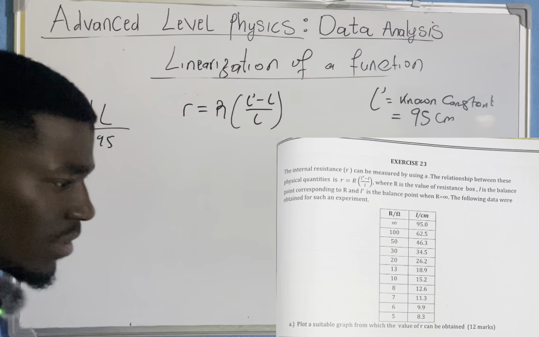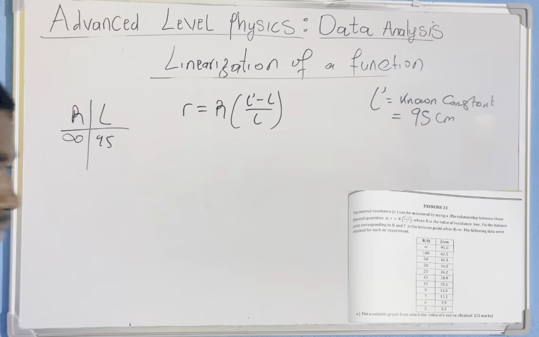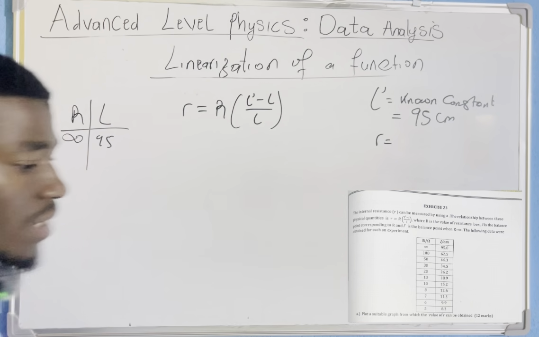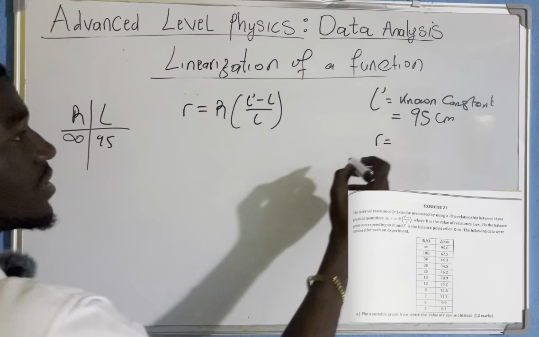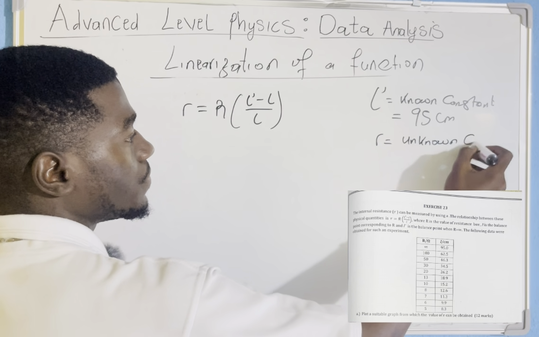Now, small r is the internal resistance, which can be measured by using the relationship. Because you are asked to plot a suitable graph from which the value of r can be determined, small r is the unknown constant to be determined.